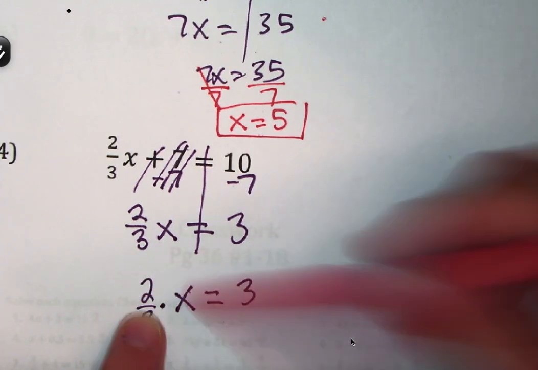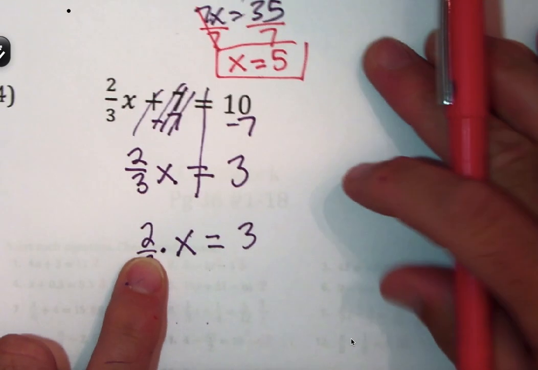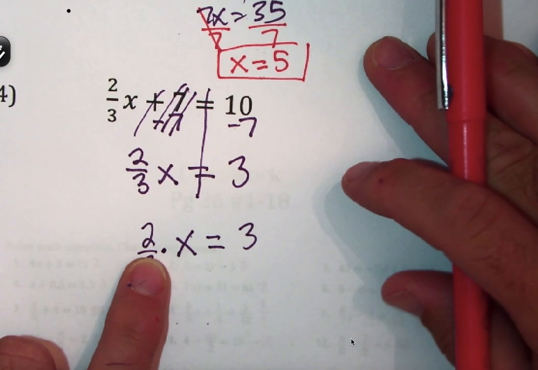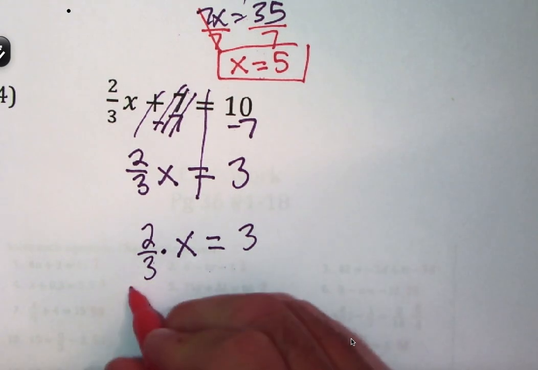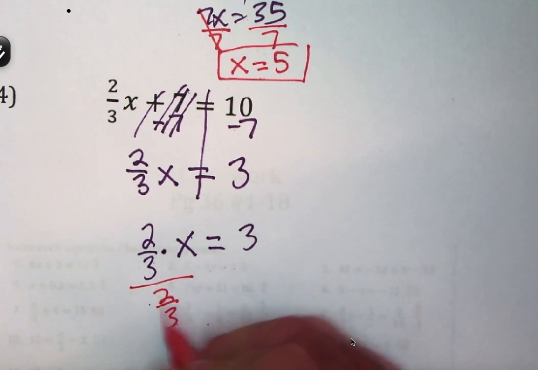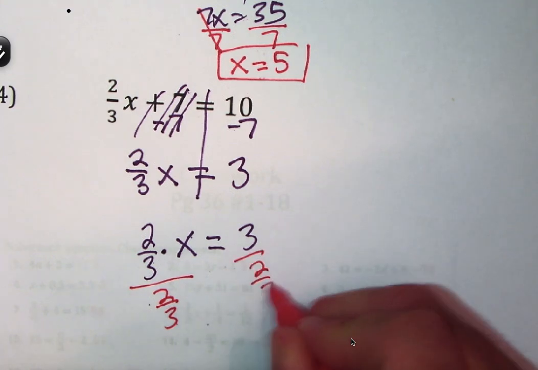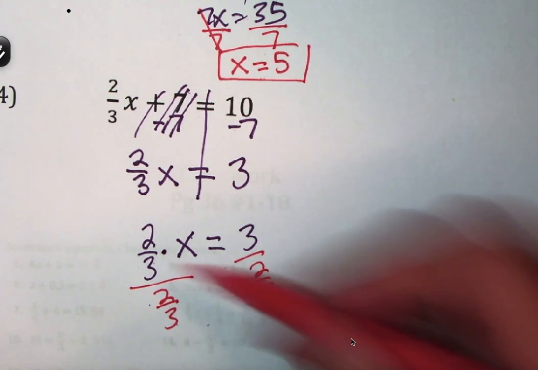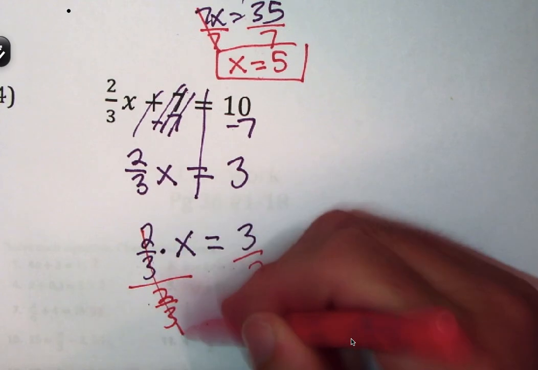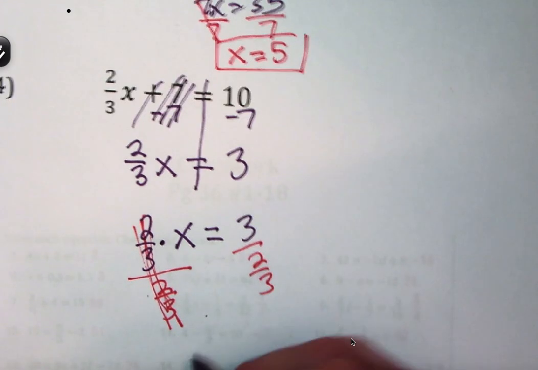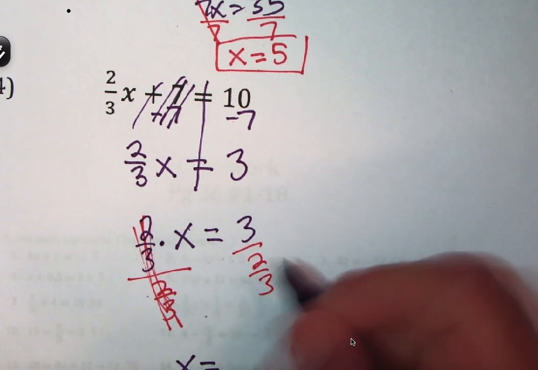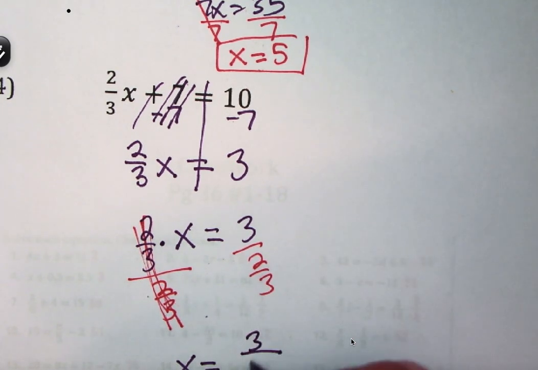If it was 2 times x, we would just divide both sides by 2. Sweet. So, because we're multiplying by 2/3, we're just going to divide both sides by 2/3. Right? 2/3 divided by itself is 1. Sweet. And we get x equals 3 over 2 over 3.